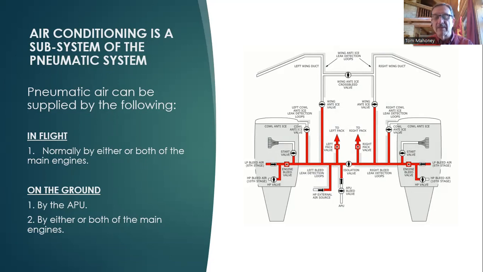There are some cases where I suppose you could power up the pneumatics using high pressure external air, but in 20 years of aviation experience in the commercial airline business, I have never seen that ever happen. So on the ground by the APU or either or both of the main engines, in flight normally by either or both of the main engines.